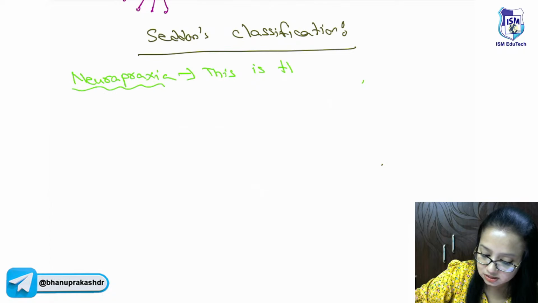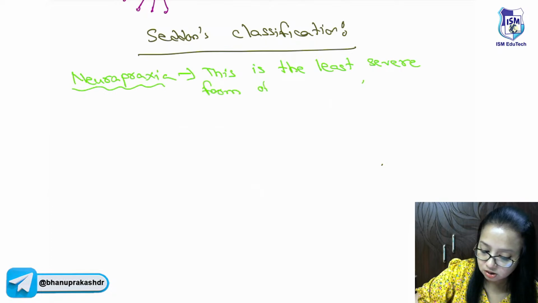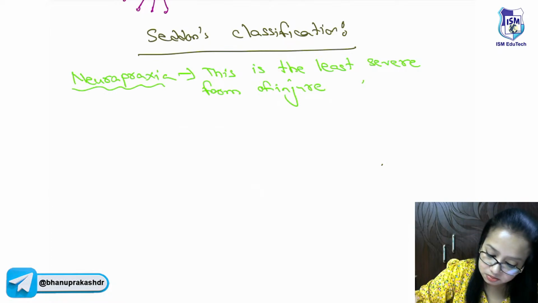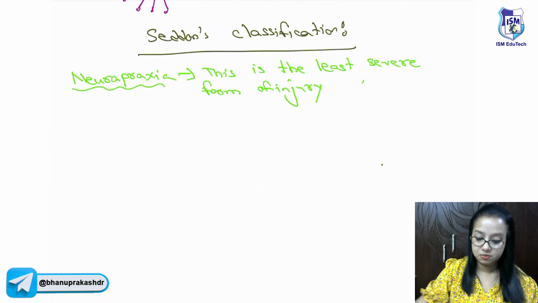Okay, it is the first type of the nerve injury, and this is the least severe form of injury. Here, what happens? Maybe there has been a blow or a punch. Okay, this results in this type of injury.